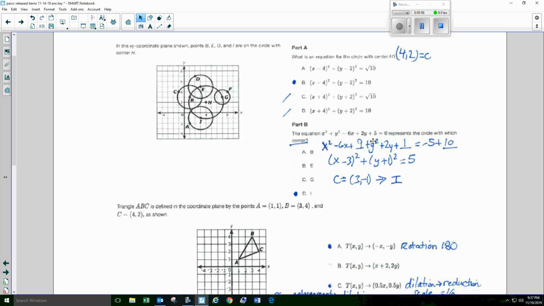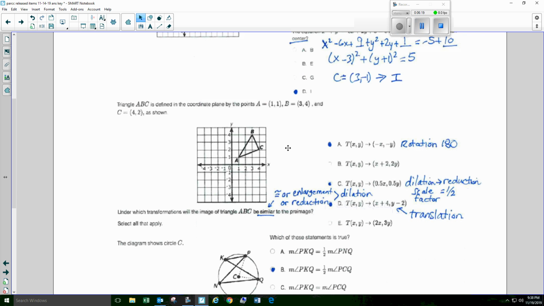Again, the square root of 1 is 1. This sign, positive. Don't forget you have parentheses on both, squared on both. And then the center we know is opposite, opposite, and the radius is the square root. So opposite and opposite gives me 3, negative 1. So I go to 3, 1, 2, 3, negative 1. There the center is I. So there's my circle.